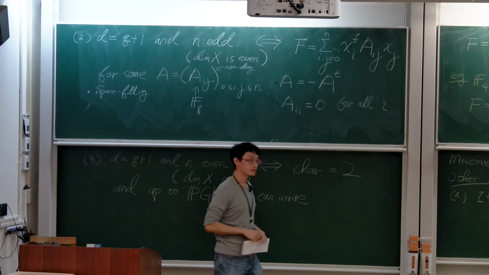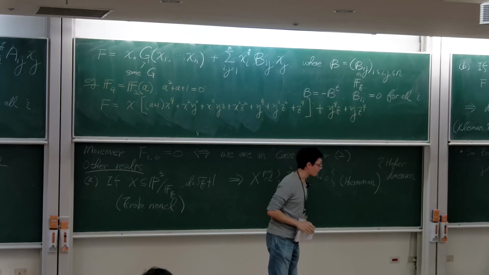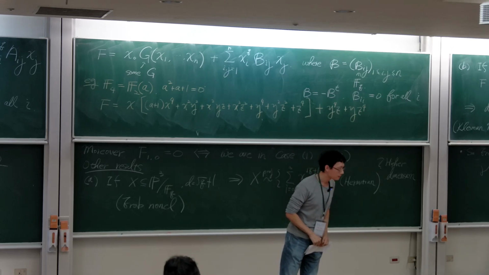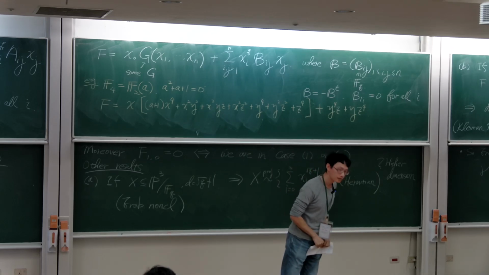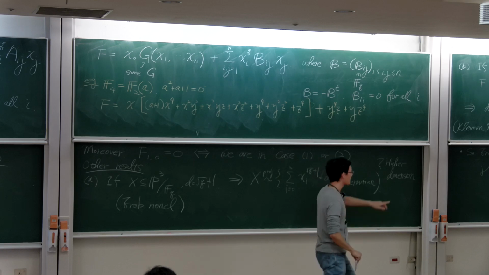What happens if you take the projective dual, X check? What is X check?